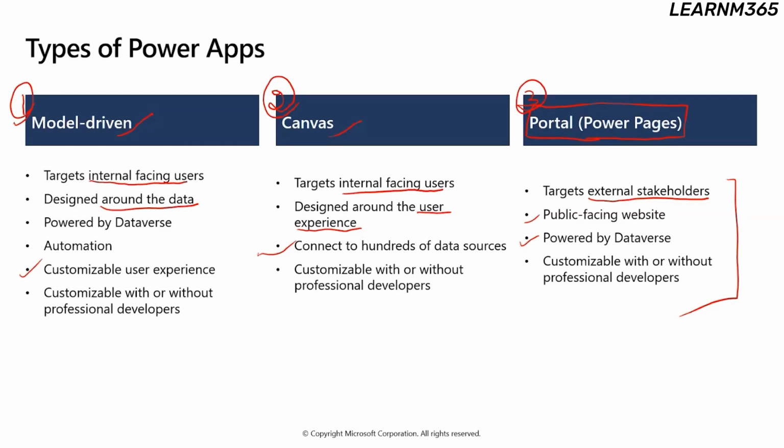My main focus area right now would be model driven application and Canvas application, and I believe you are getting a good idea that model driven application is around data. It is created based on Dataverse only. However, Canvas application is around user experience and we can connect with hundreds of different data sources in Canvas application. If we talk about customization and user experience, model driven application allows customization but with limitations.